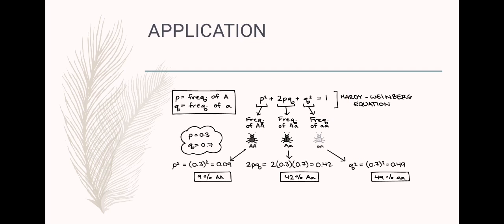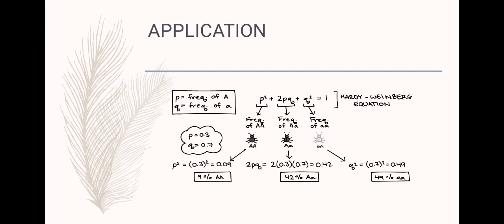Now, for the homozygous dominant, it's p squared. So 0.3 squared is equal to 0.09, which is 9%. And for the frequency of the heterozygous, which is 2pq, we have 2 times 0.3 times 0.7, which is equal to 0.42 or 42%. And lastly, for the frequency of the homozygous recessive, we have q squared, which is 0.7 squared, equal to 49%.